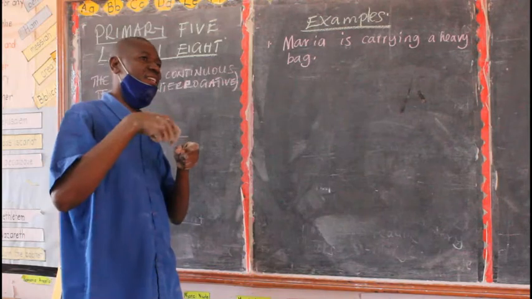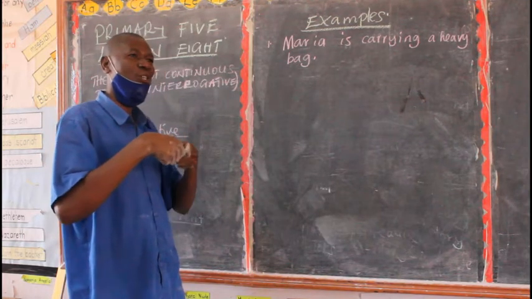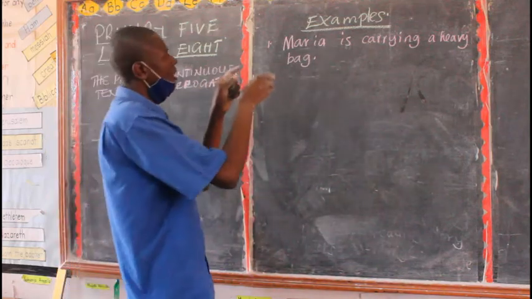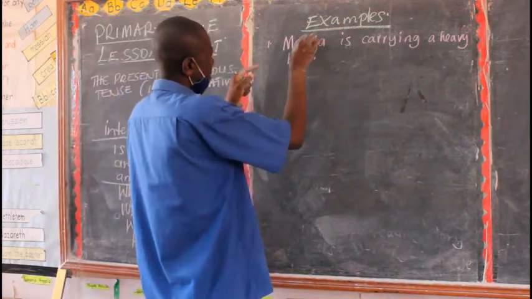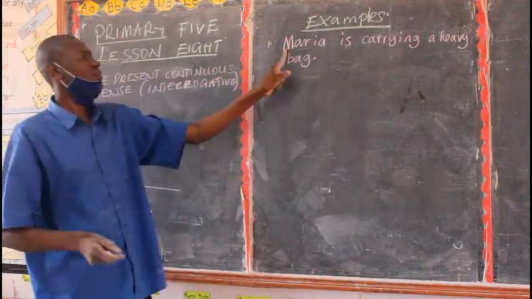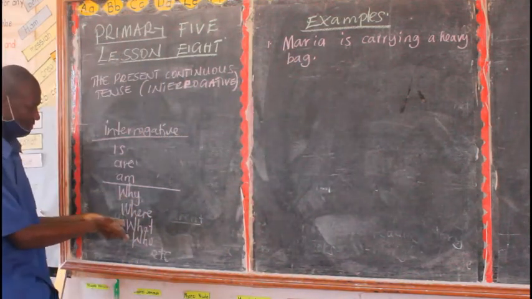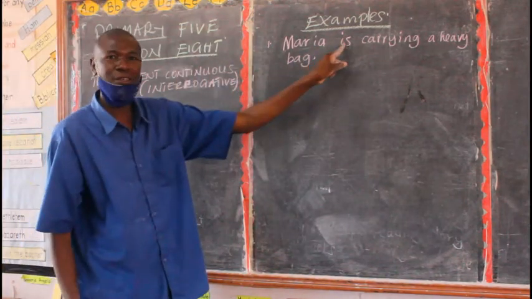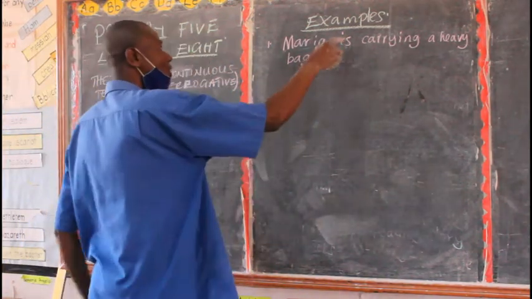Now, how do we turn it into interrogative, into a question form? You are now asking about Maria. How do you ask? This one here is not carrying any of the interrogative pronouns. It is only carrying a helping verb.